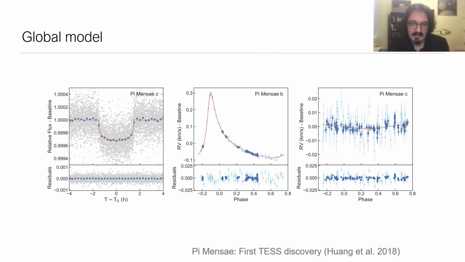Basically, the idea here is that you have a global view. You can look at the transit data and the radial velocity data at the same time, and notice that these data have been background subtracted.